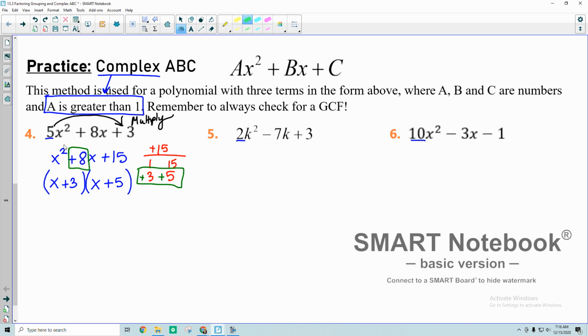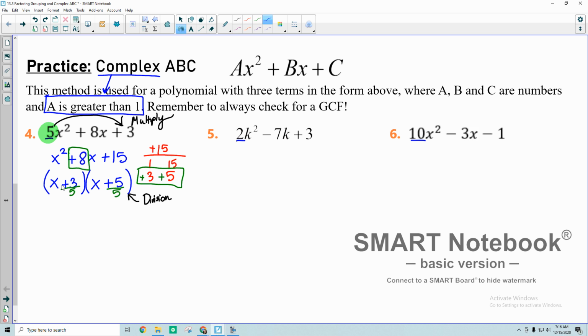So the monkey method says that at the end of doing all of this, we're going to take that number that we swung over, that 5, that A that's out in front, and since we multiplied it here, now we're going to go in and reverse that. We're going to divide. So both this number 3 and this number 5, we're going to divide by 5, that number that I swung over, okay? So first I'm multiplying, and then I go back in and reverse it, and I'm doing division, okay?